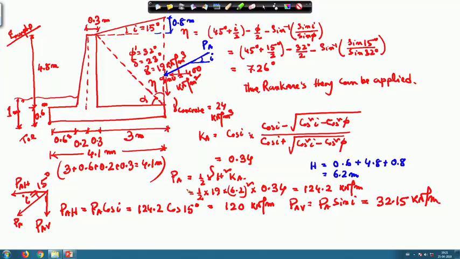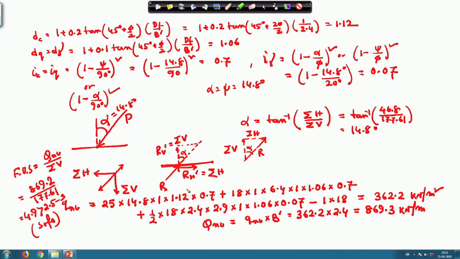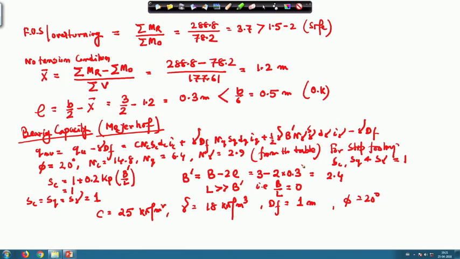Before I finish this class, I want to mention that in the previous problem we used this B dash part. This problem can be solved in two methods. The first method is what I have discussed.